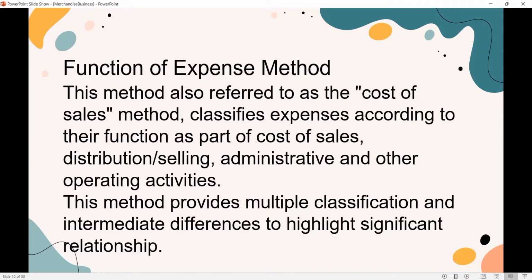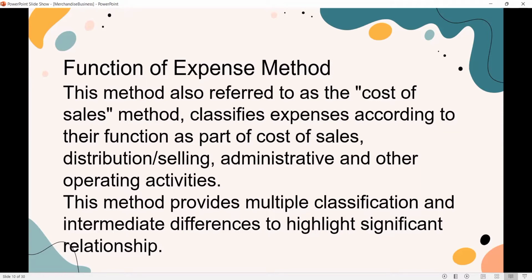So let's go to the function of expense method. This method, also referred to as the cost of sales method, classifies expense according to their function as part of cost of sales, distribution or selling, administrative and other operating activities. This method provides multiple classification and intermediate references to highlight the significant relationship.